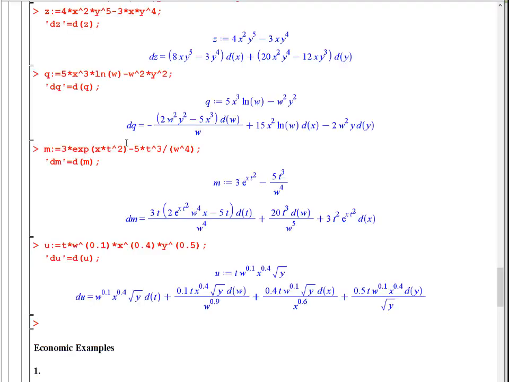So what we're doing is we're going back to this situation we kind of started this series of lectures off on, which is where you have something you're interested in, could be utility, and you have some things which you think affect it, t, w, x, and y. And you're saying, well, how does t, w, x, and y affect this?